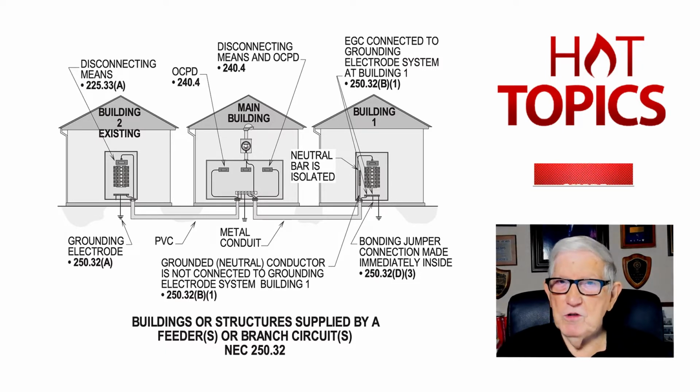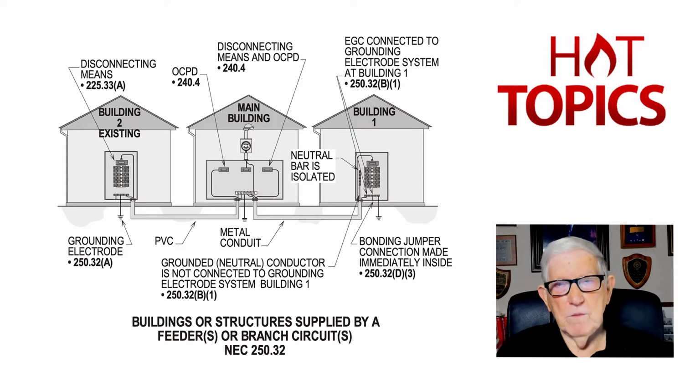But exception 2 would allow the designer installer to route an equipment ground over, as you see in building 1, and all your equipment in there would be bonded and grounded back to that bar there that would be grounded and bonded into the can.